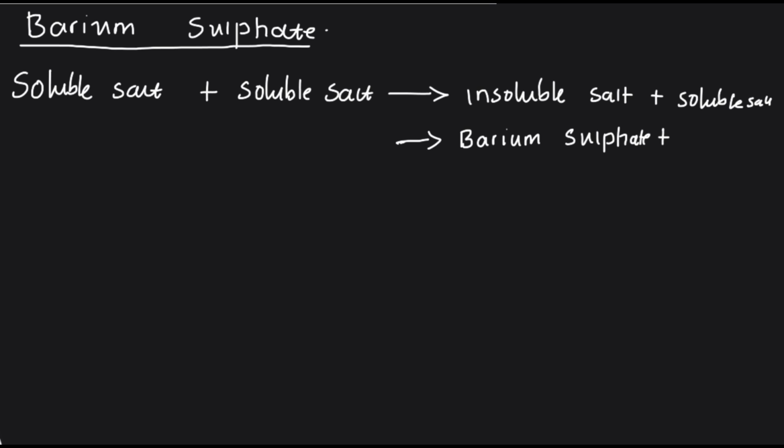Our focus is on how we know the reactants that we can use. Your focus should be on what you are trying to prepare, and in our case we are trying to prepare barium sulfate. Now barium is a metal, and a metal will form a positive charge. So you need to choose a salt from the reactants that has barium in it, and make sure that salt is soluble.